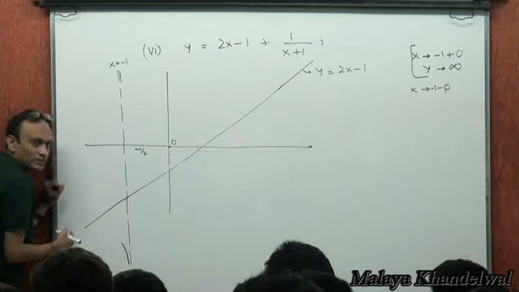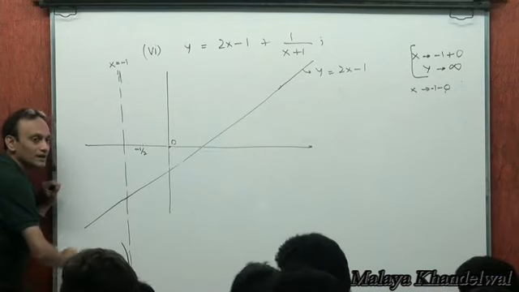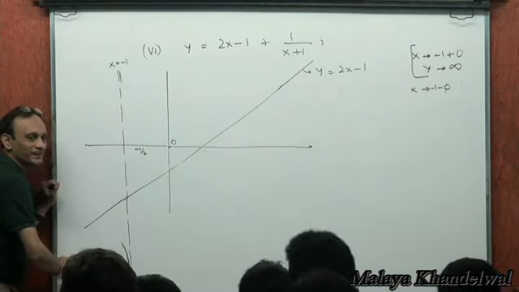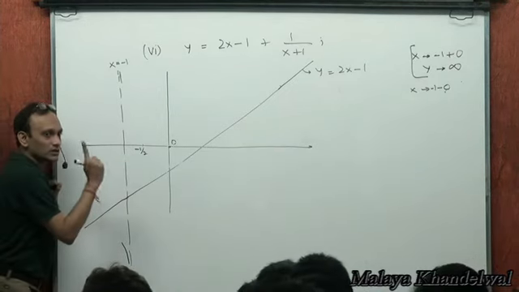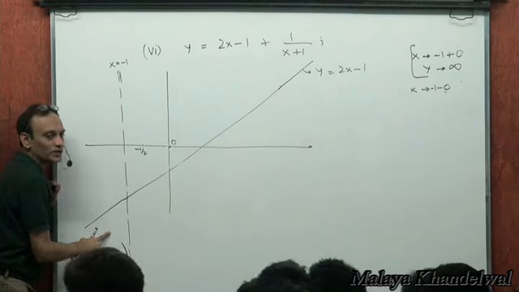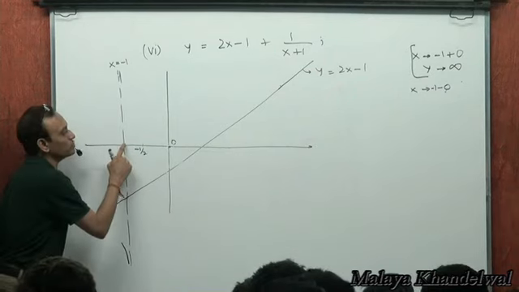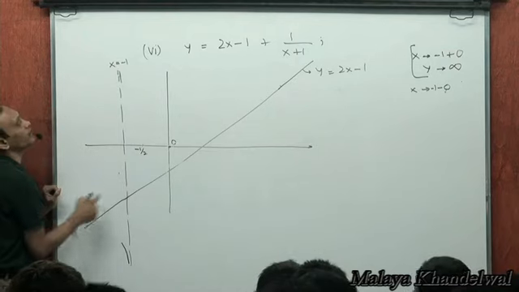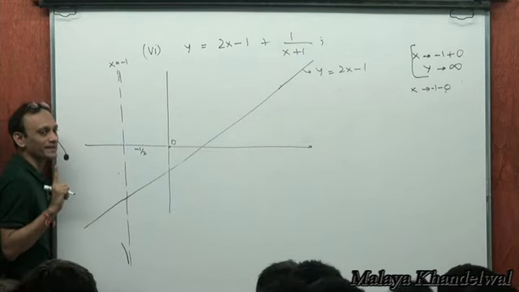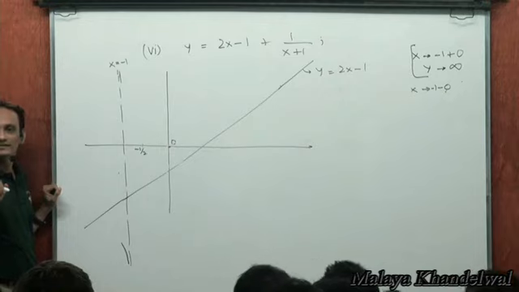And this again being an asymptote, I would expect a local maximum to appear somewhere here. So I would expect a local minimum to the right of minus half and to the left of 0, and a local maximum to the left of minus 1 in this graph. Are you okay with this?